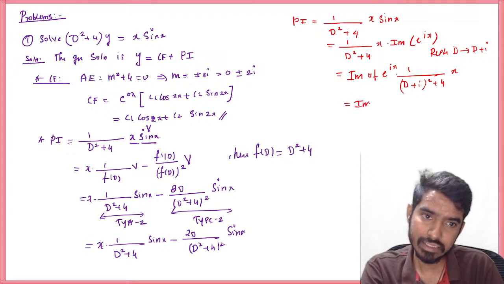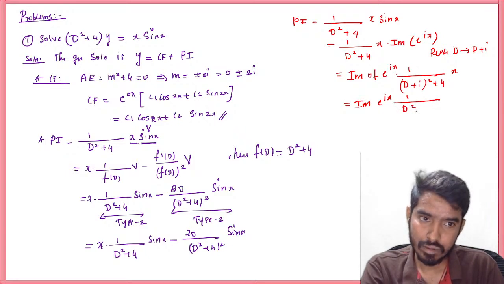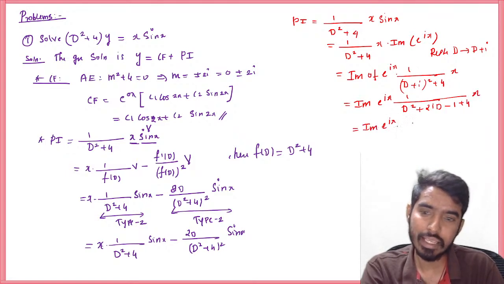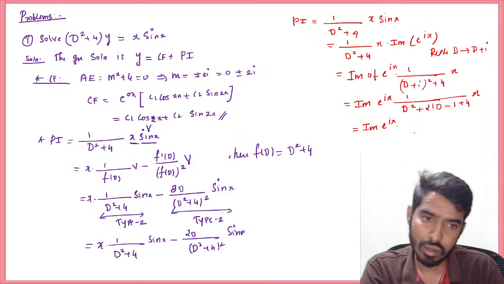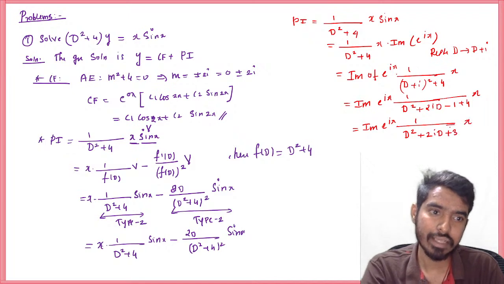So this will be imaginary part e power ix 1 divided by, so a square plus 2ab, 2 times iD plus b square, i square is minus 1, you will have plus 4 of x. So this will be imaginary part of e power ix 1 divided by D square plus 2iD, 4 minus 1 is 3, into x, right?